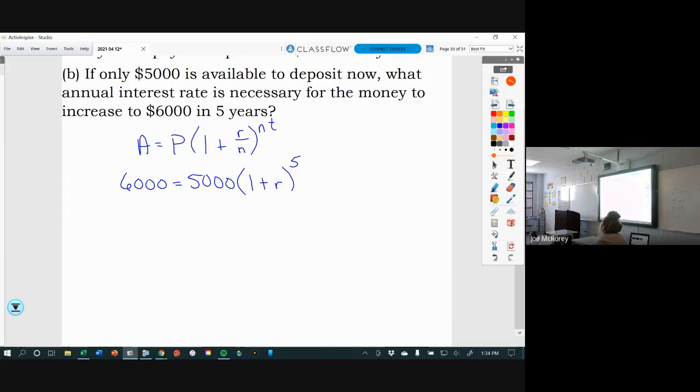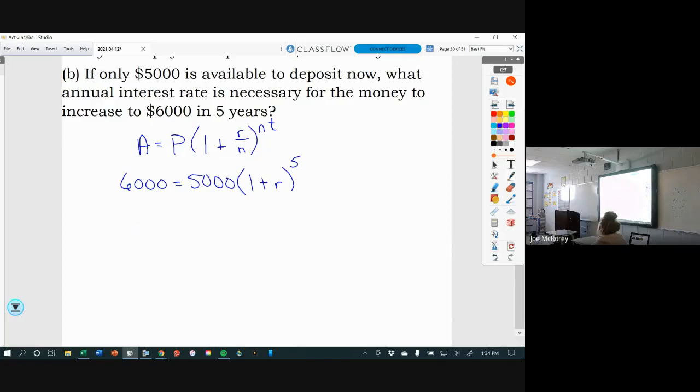Mathematically, what would the next logical step be to get R by itself? Get rid of the parentheses. Subtract one. Why? I want R by itself. Could you subtract the 5,000? No, I cannot subtract the 5,000.